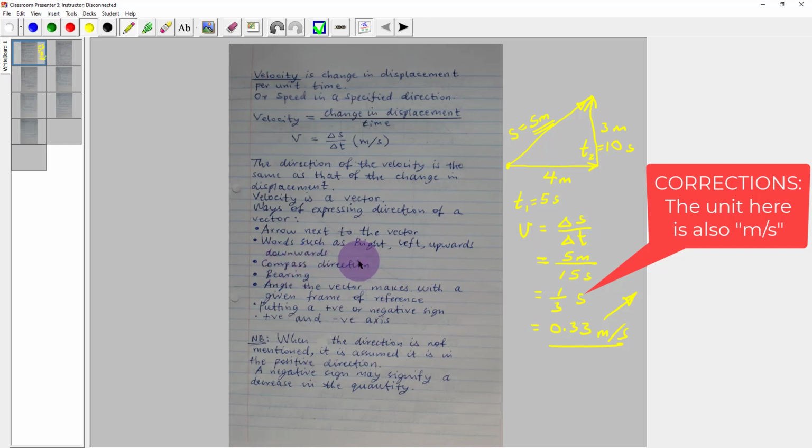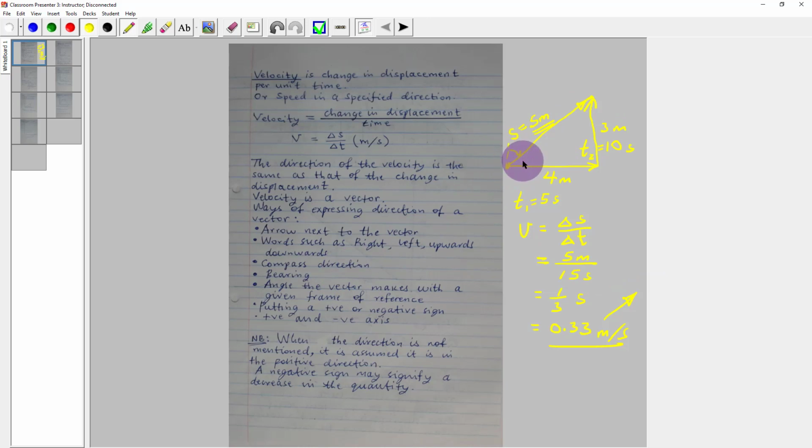We can give compass direction. For example, if this one was west, this one is north, we can talk about maybe northwest. We can give some kind of bearing when we measure that direction clockwise from the north. We can give this angle, or we can even calculate the angle that this vector makes with the horizontal, with the east, or with the west, whatever you have described this line to be.